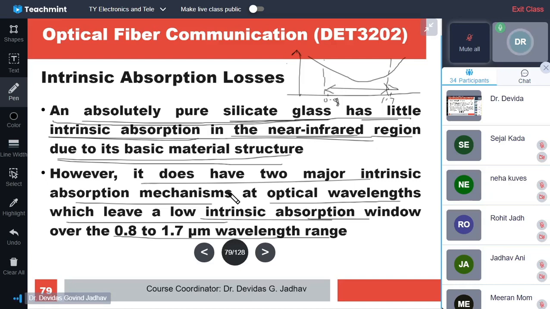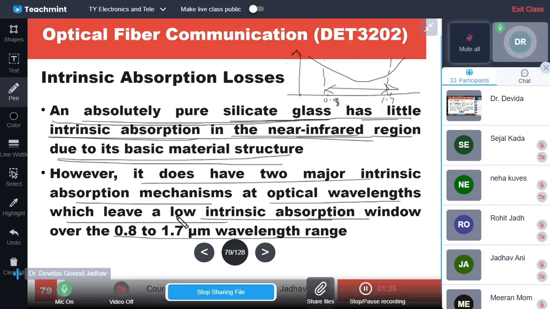That's why 0.8 to 1.7 is selected as the optical communication window. So this is the reason why we have the optical communication window of 0.8 to 1.7 micrometer wavelength.